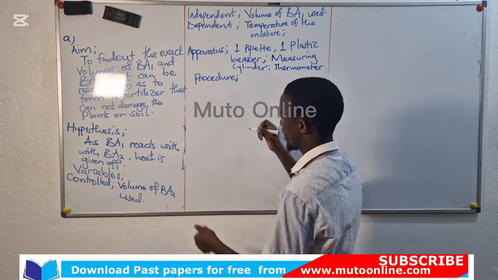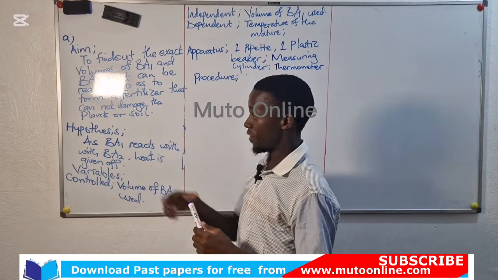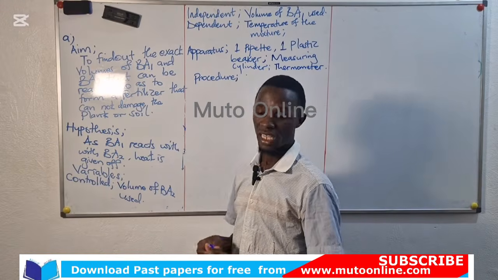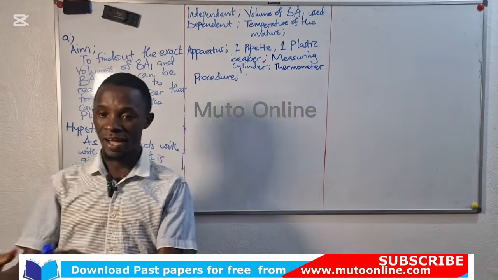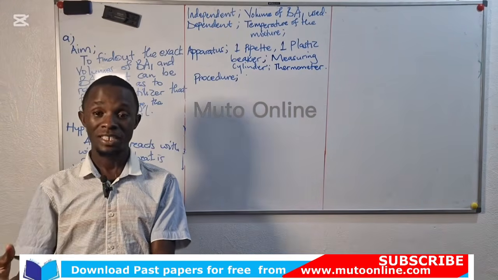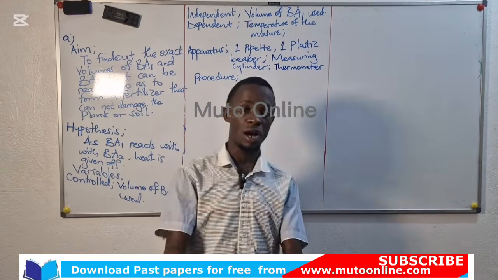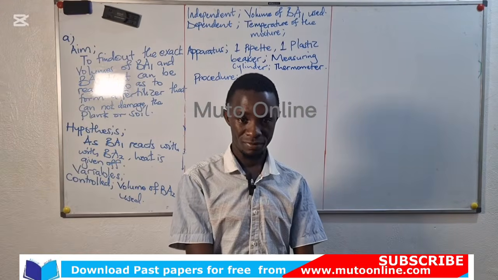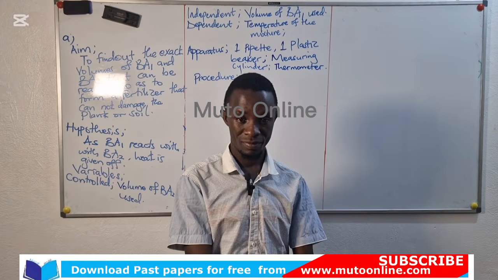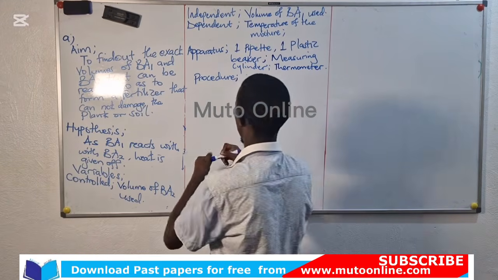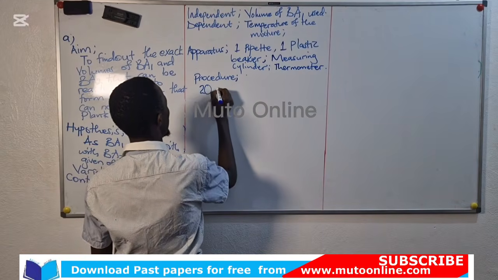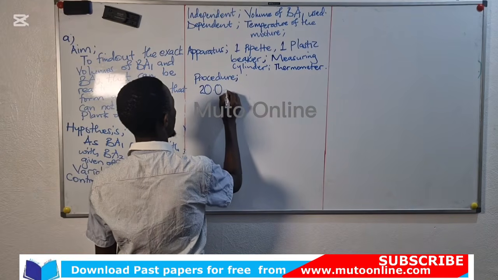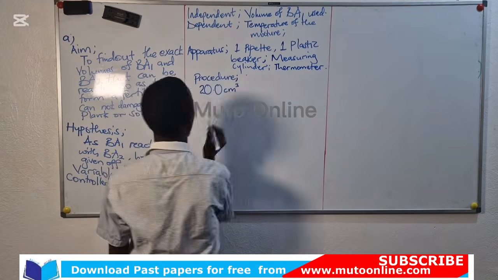So our first procedure, we said in the previous explanation, we first of all transfer a standard volume, a fixed volume of the alkali into a plastic beaker. So that will be our first procedure. For me, I'm going to take 20. Members, a measuring cylinder records its values to 1 decimal place.